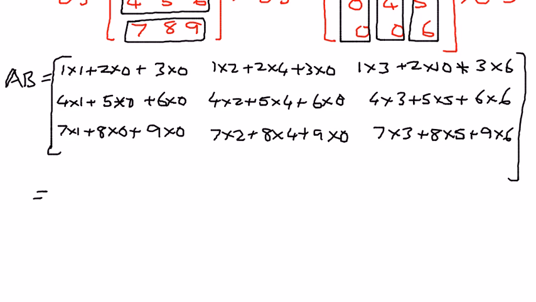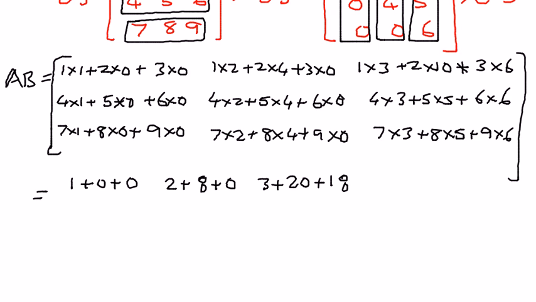1 times 1 is 1, 2 times 0 is 0, and then 3 times 0 is 0. Then we have 1 times 2 is 2, plus 2 times 4 is 8, and 3 times 0 is 0. Then next we have 1 times 3 is 3, plus 2 times 5 is 10, plus 3 times 6 is 18.